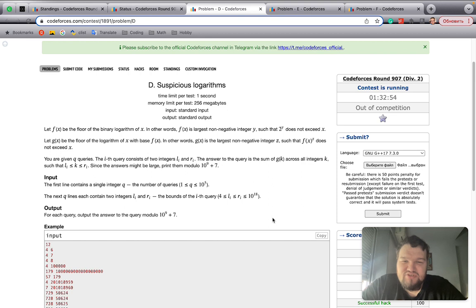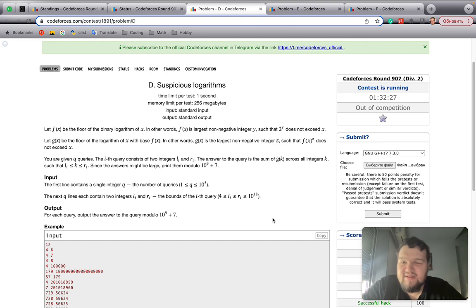Problem D: suspicious logarithms. So we define function f, the floor of the binary logarithm of x: the largest non-negative integer y such that 2 to the power of y does not exceed x.